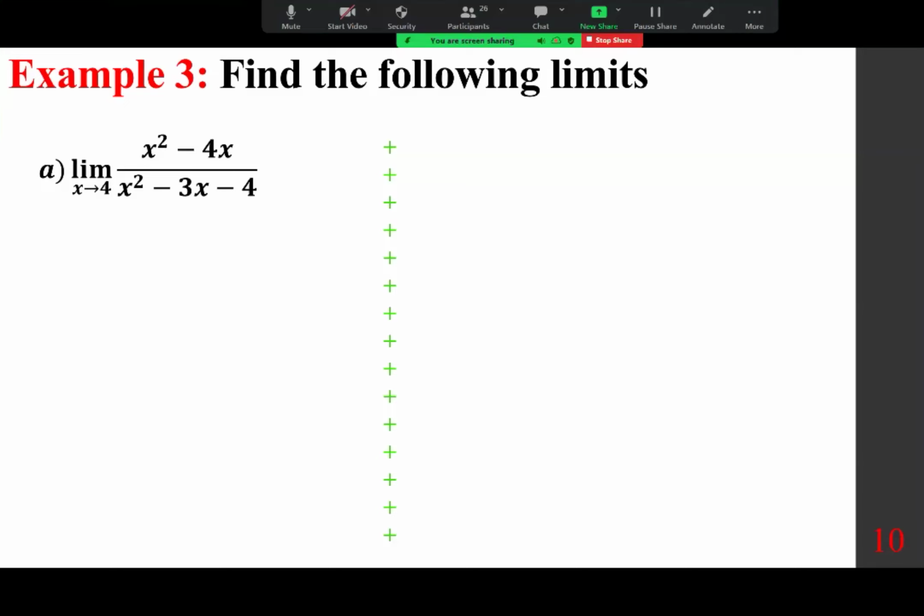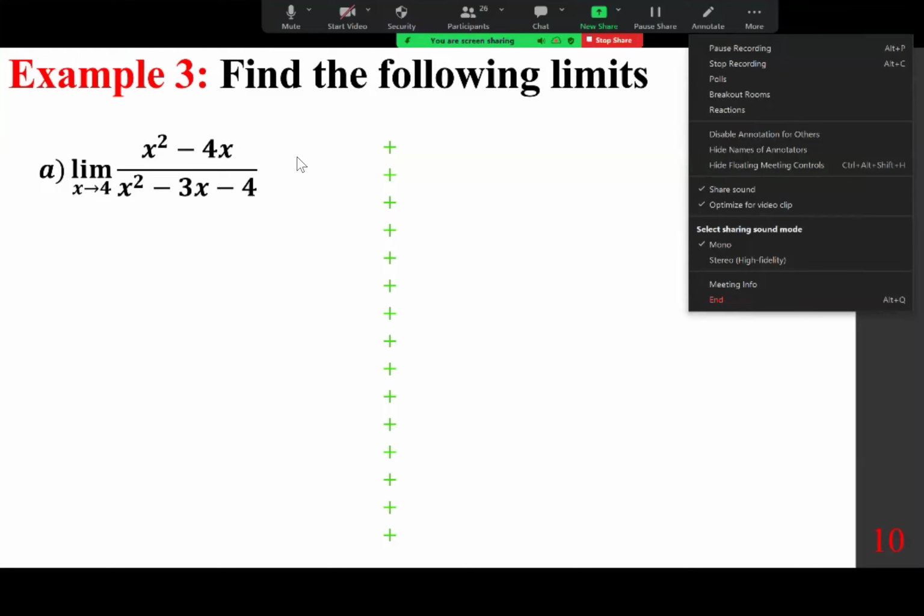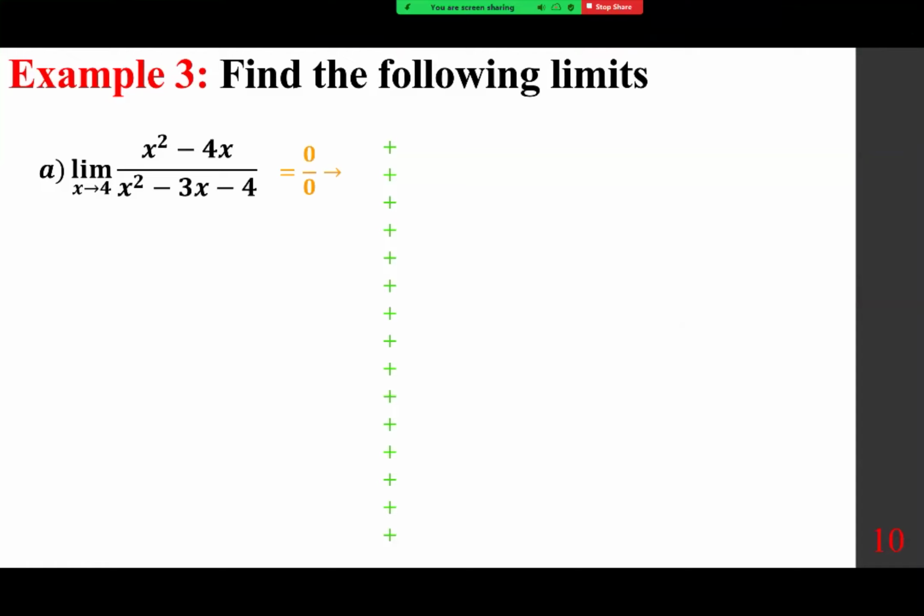All right. So if you plug in, you get 0 over 0. You have a rational expression. And again, reminding you that when we get 0 over 0, it's indeterminate form, right, everybody? Indeterminate.